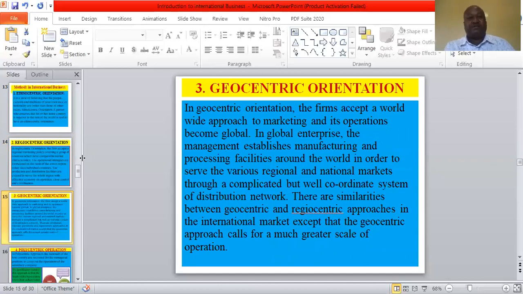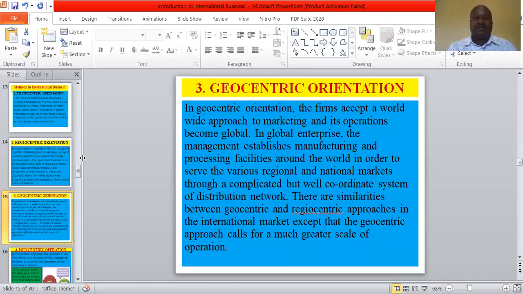Geocentric orientation: here the firms accept a worldwide approach to marketing and its operations become global. In a global enterprise, the management establishes manufacturing and processing facilities around the world in order to serve the various regional and national markets through a complicated but well-coordinated system of distribution networks.